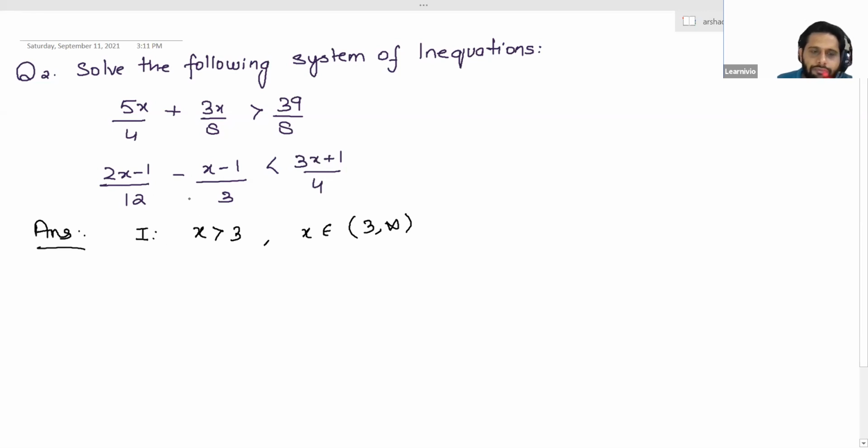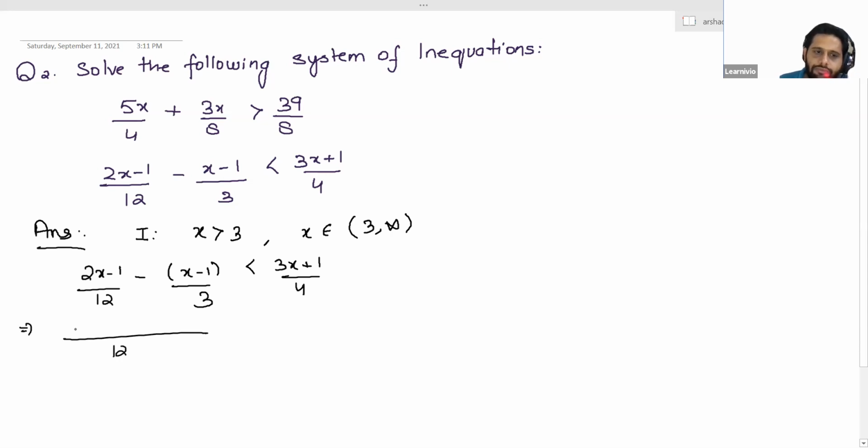For the second, we will take the LCM. We have (2x minus 1) by 12 minus (x minus 1) by 3 less than (3x plus 1) by 4. LCM is 12. So this remains 2x minus 1, and this becomes 4 times (x minus 1), less than (3x plus 1) by 4.